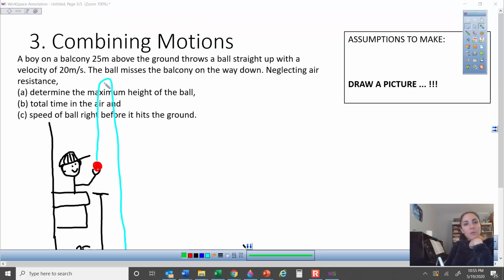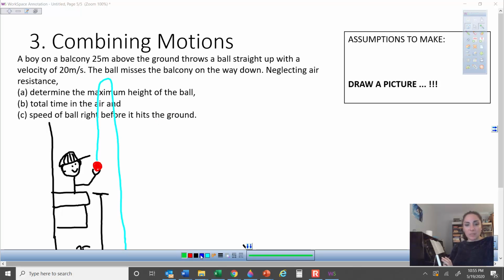Now, people miss this part, "misses the balcony," so be careful with that. Rereading the questions several times is really helpful. So basically what I'm going to do is combine motions and show you what I mean by that, but most importantly, one equation will not solve the whole question. It's not a plug and chug.